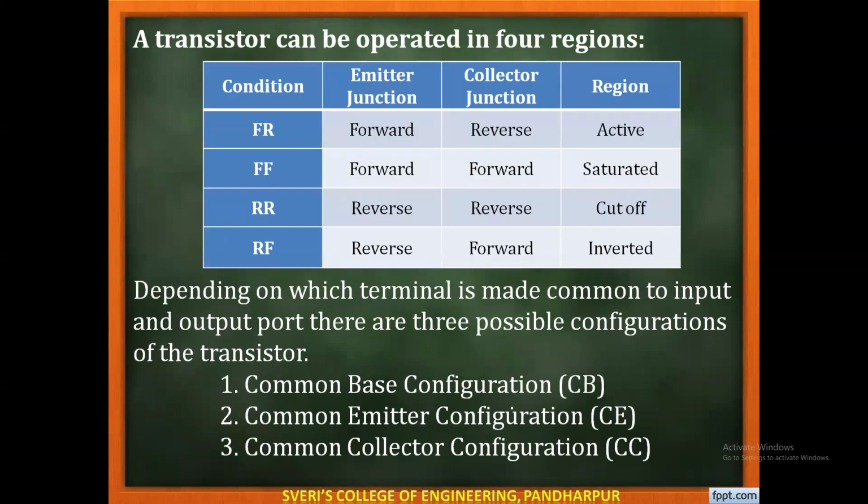Simple. Okay. And now, as you know, the 2 junctions and the 3 terminals are present in the transistor, and based on how the junctions are connected practically, the transistor can be operated in these 4 different regions. Now, what is that? Emitter to base junction, if you connect it in forward bias, and collector to base junction, if you connect it in reverse bias, then we say that the transistor is operated in the active region.